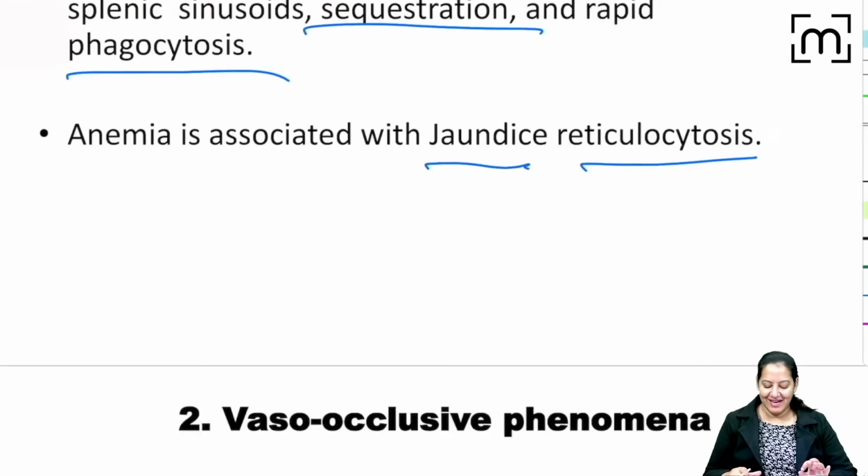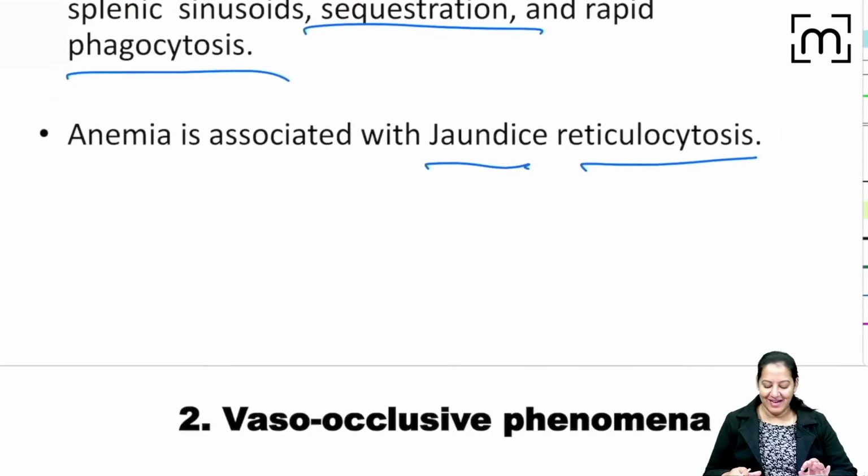And the spleen has a special role here. In the initial stages, there is splenomegaly. As I have told you, when the sickling becomes irreversible, the cell membrane of the RBC is damaged permanently. When such sickle-shaped RBCs pass through the spleen, they are phagocytosed, causing extravascular hemolysis.